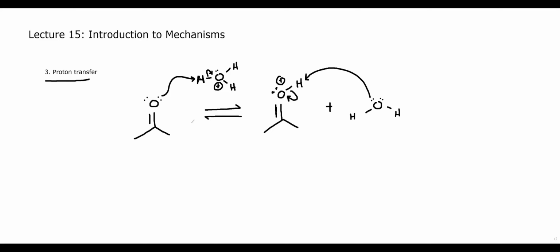Okay. But the general process we should be very familiar with is when a lone pair takes a hydrogen, the lone pair bonds to a hydrogen, and leaves behind its electrons. So the hydrogen is essentially transferring ownership. Let's highlight that red hydrogen. That red hydrogen could be on the water, or that red hydrogen could be on the carbonyl.